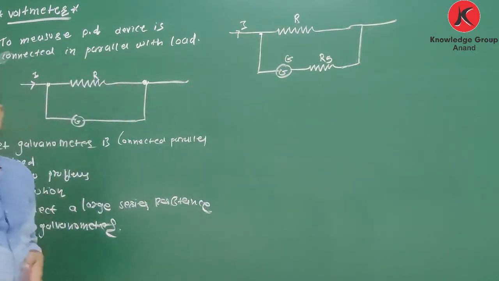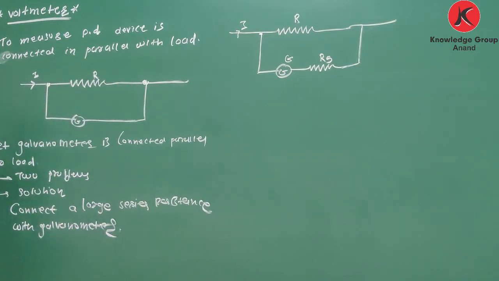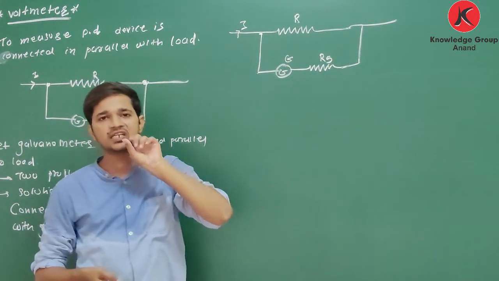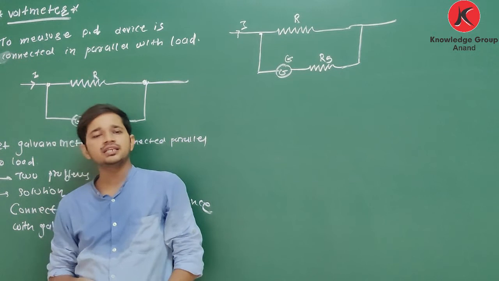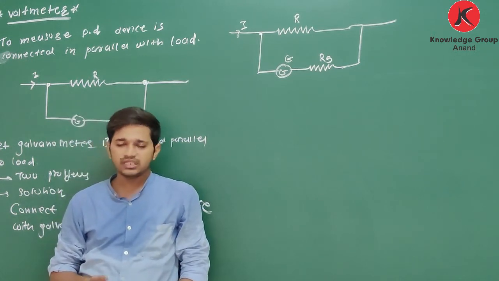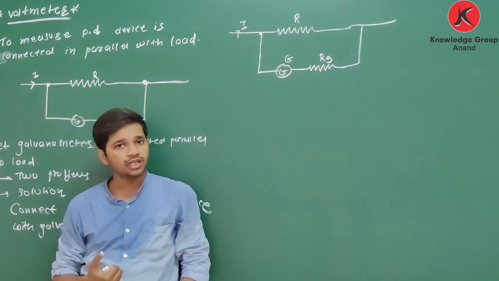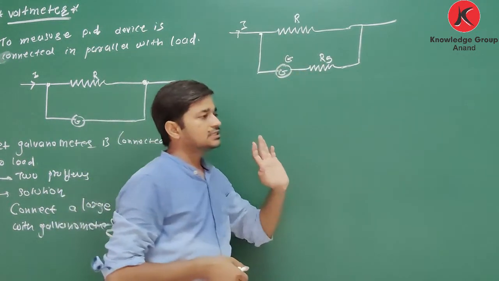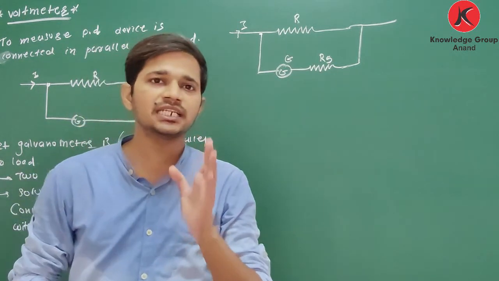Then what happens? See, each and every problem is solved. Here G and Rs, it is a large resistance, means they are in series connection. Yes or no? Yes, they are in series connection. G and Rs in series connection means the equivalent resistance is greater than the greatest.